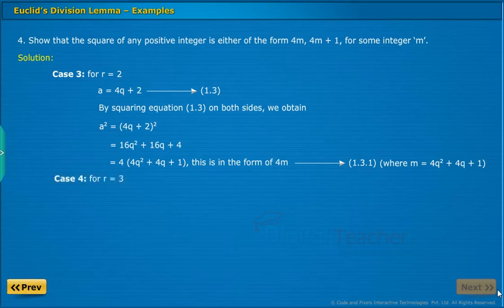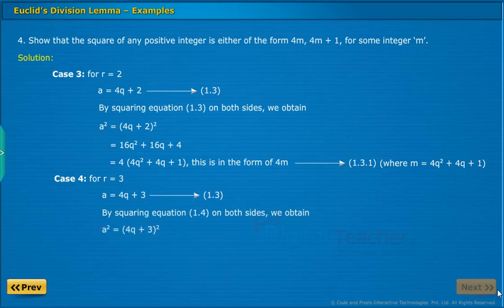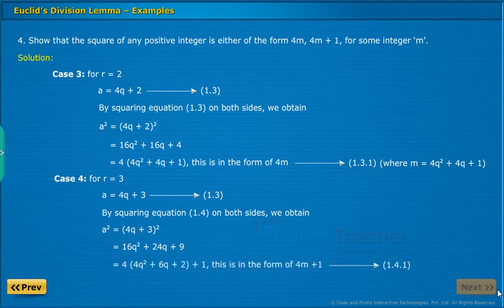Case 4. For r equal to 3, a is equal to 4q plus 3. By squaring equation 1.4 on both sides, we obtain a square is equal to 4q plus 3 whole square, which is in turn equal to 16q square plus 24q plus 9, which is equal to 4 into 4q square plus 6q plus 2, plus 1. This is in the form of 4m plus 1. Let it be represented as 1.4.1.